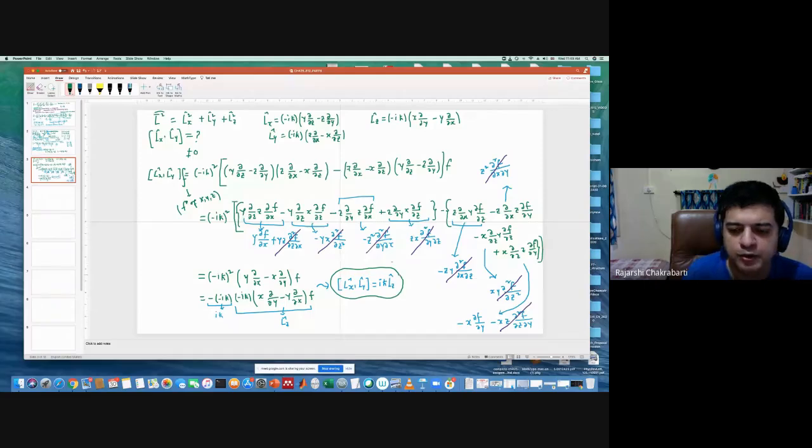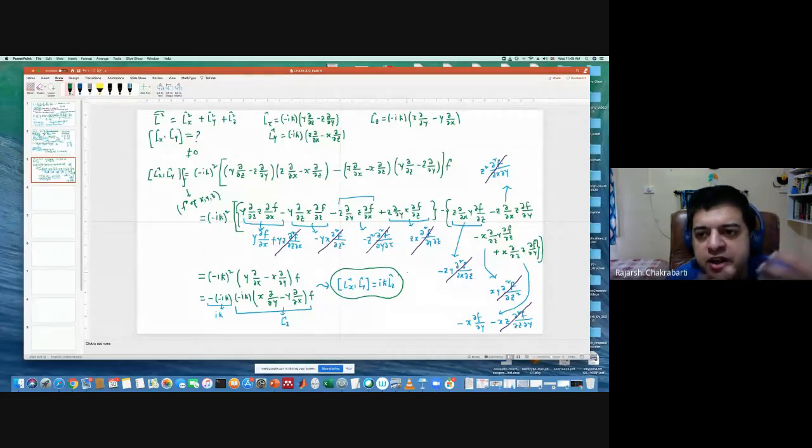And you have physical significance for this as well. If two operators commute, it basically means the observables associated with these two operators can be measured simultaneously, isn't it? Both can be measured simultaneously with precision.